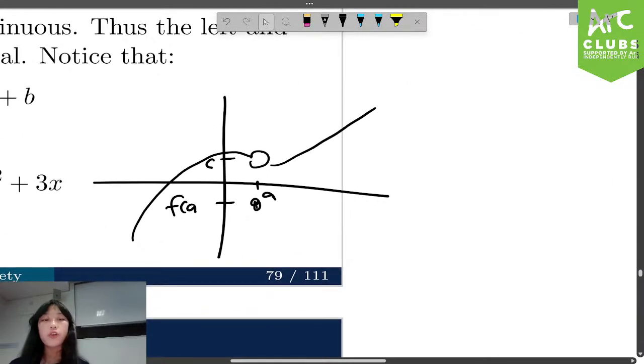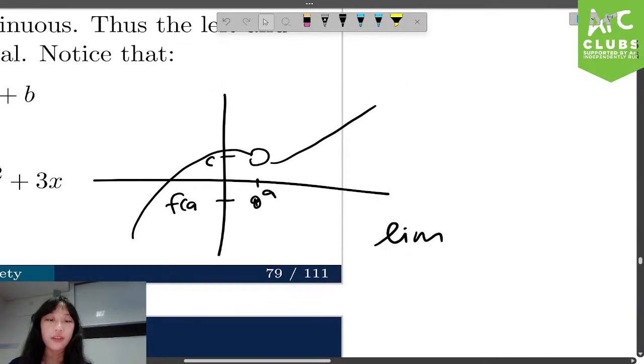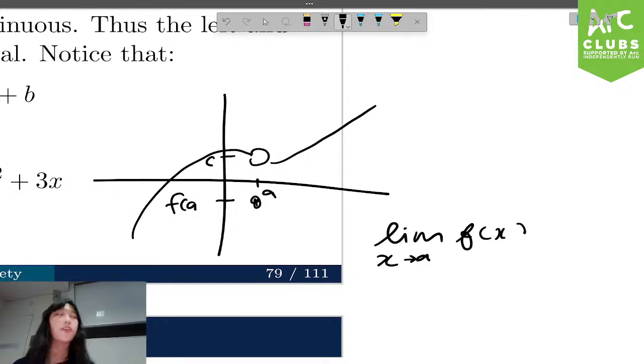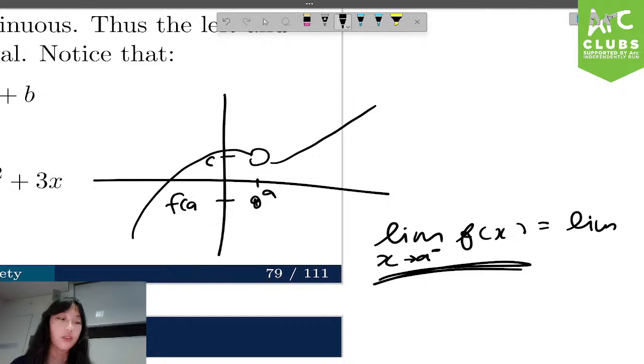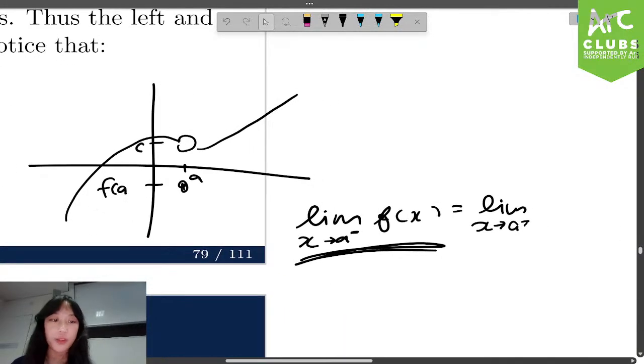So the limit as x approaches a of f of x, if we call that function f of x, the condition for this to exist is that this must equal this.